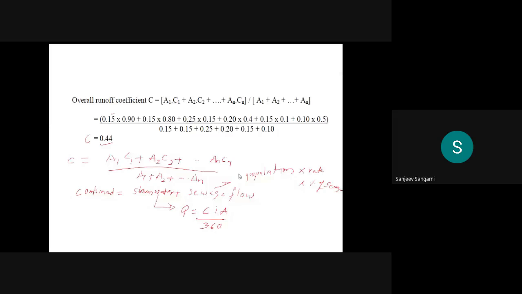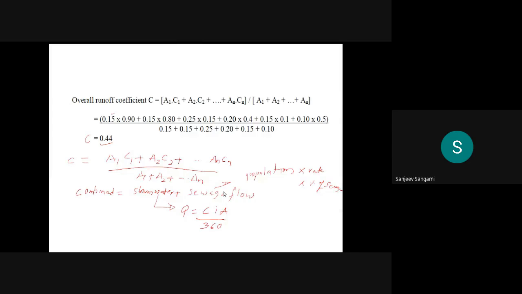When it is a combined flow, it has storm water as well as sewage flow. When calculating the storm water flow, we use Q is equal to CIA divided by 360. When calculating sewage flow, we normally multiply the population, the rate of flow, and the percentage of the water demand that will come out as sewage. Normally we take it as either 75% or 80%.